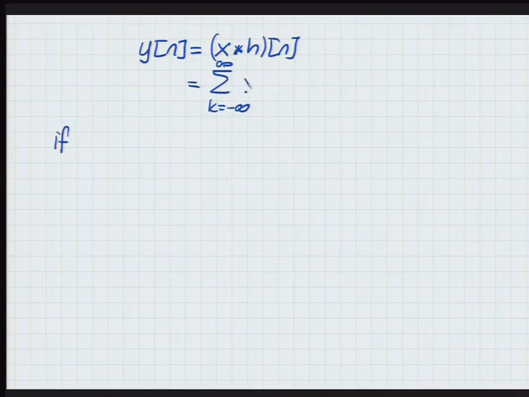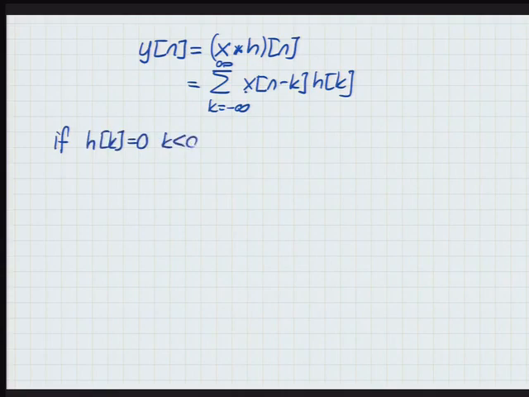Instead, flip and drag x and leave h alone, okay? Now, if h of k is 0 when k is negative, that means this sum is equal to the sum starting at k equal to 0 and going to infinity, right? Because for any negative k, h was 0, so the product is 0. So then it will be x of n minus k, h of k.